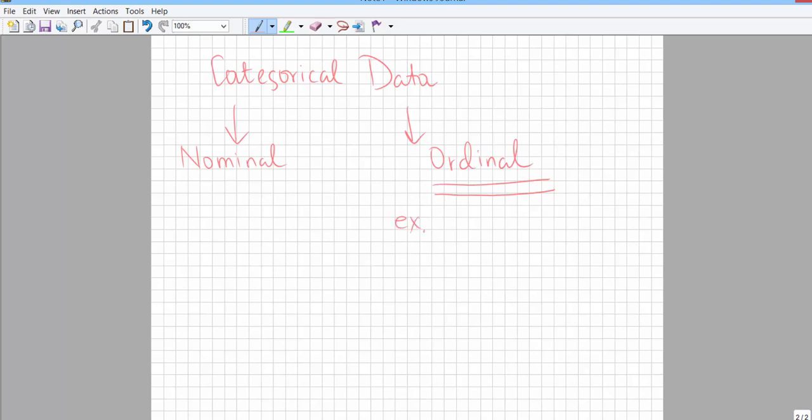Example would be sizes of t-shirts. They go extra small, small, medium, large, extra large, right? Well, I guess you could have extra extra large, but you get the idea. There is a very natural way to order this data, but this is categorical. These are categories, right? And then nominal, no way that you can order it one way or the other and say, okay, this is how I would do it.